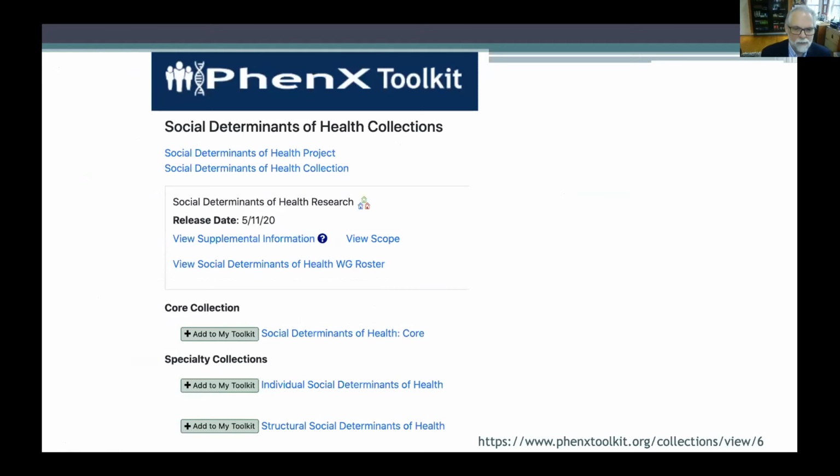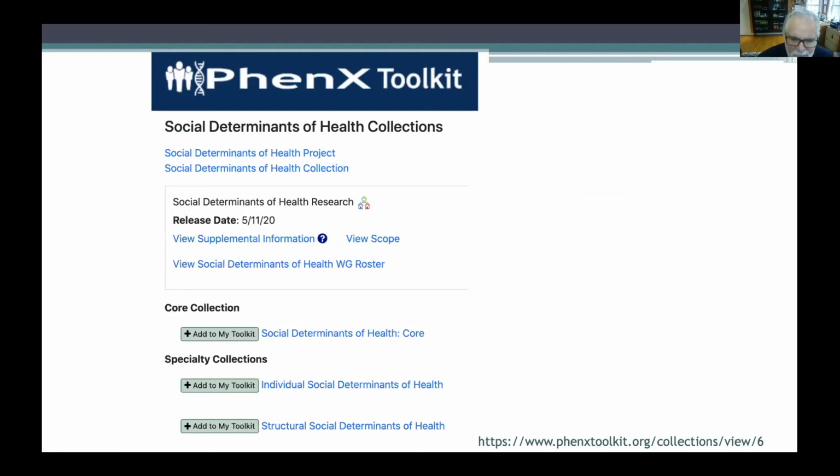Here's the Phoenix Toolkit. It essentially shows that there is a core collection. You see that down below the blue there, the first black line, down the second half of the page, is the core collection. It has 16 measures that are considered central to an assessment of social determinants by the NIH.